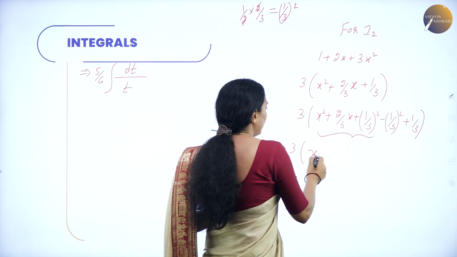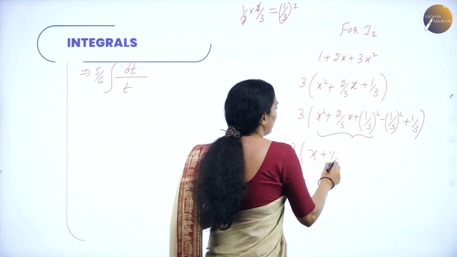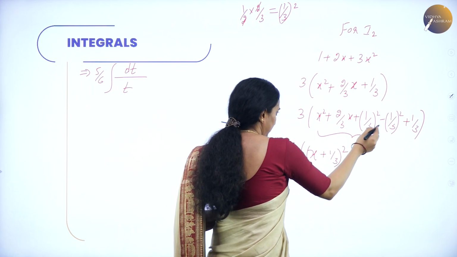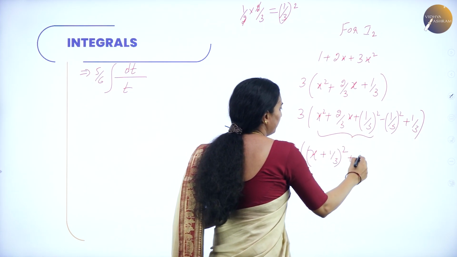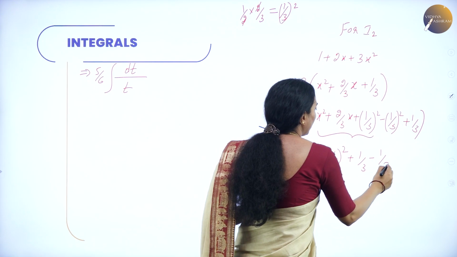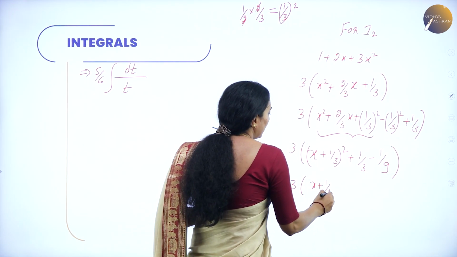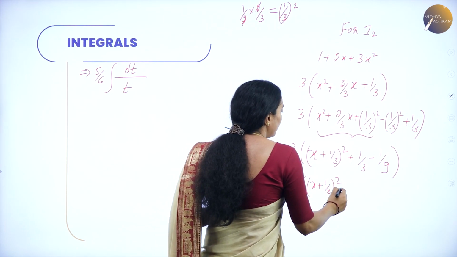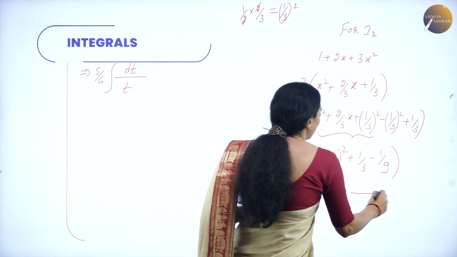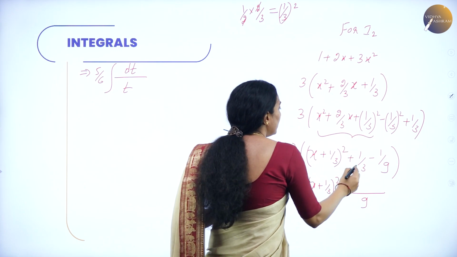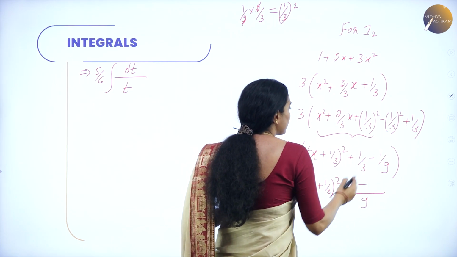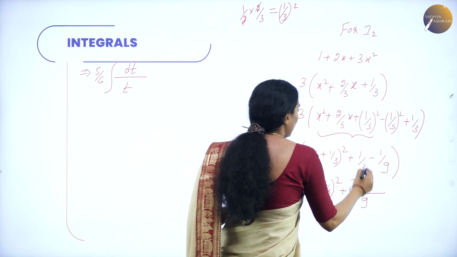Therefore you are having x plus 1 by 3 whole squared. This you can take LCM, plus 1 by 3 minus 1 by 9. So therefore 3 into x plus 1 by 3 whole squared. Now you are getting plus, here 9 will be the LCM. So 3 3s are 9, minus you are having here 1.